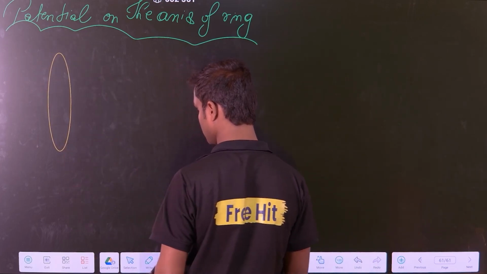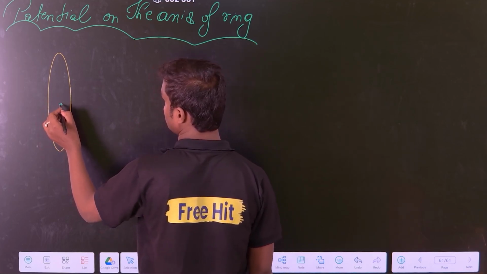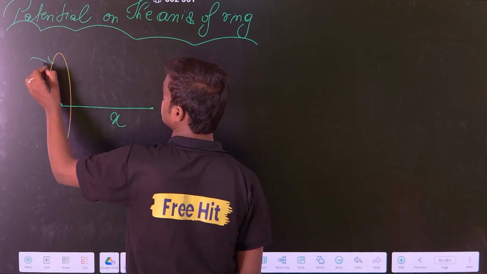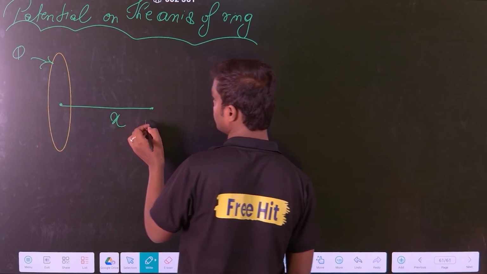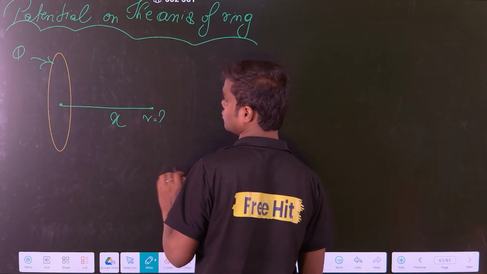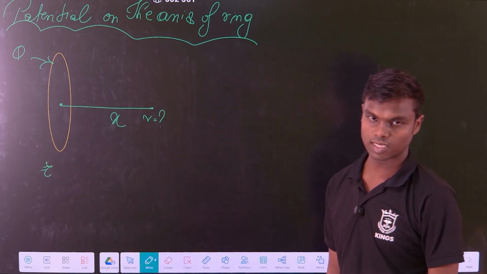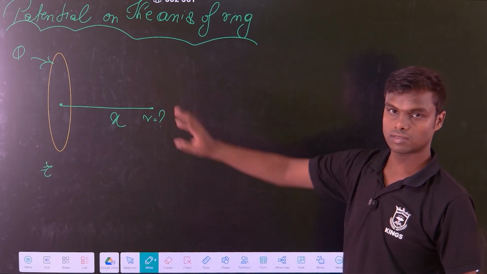Suppose this is my ring and this is my center. From the center at distance x, the ring is charged with q. I want to calculate the potential at this point. It is a scalar quantity, simple. Can we directly apply the formula kq by r here? No, because it is not a point charge.